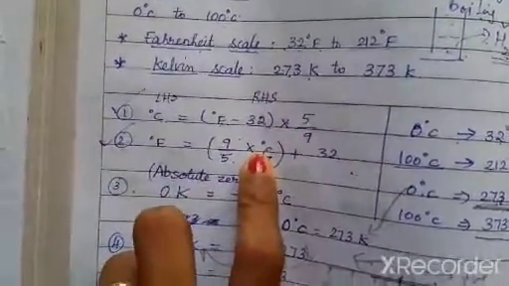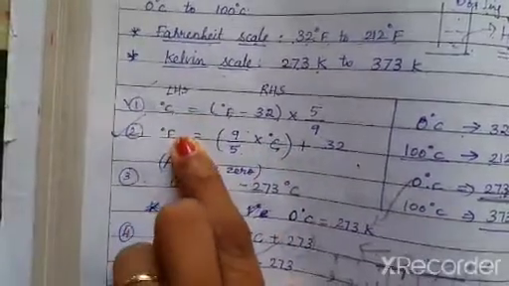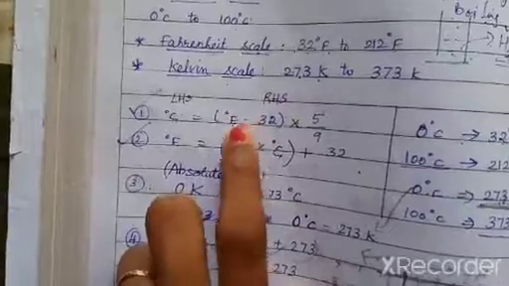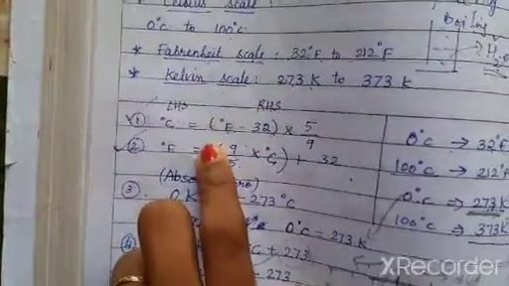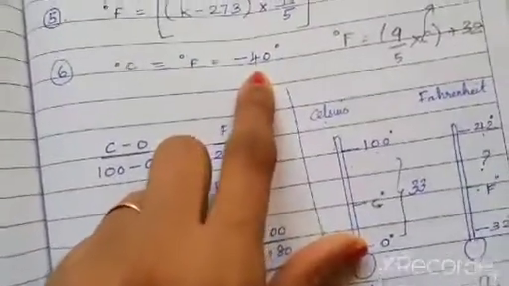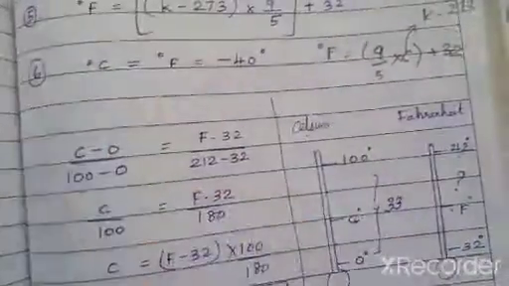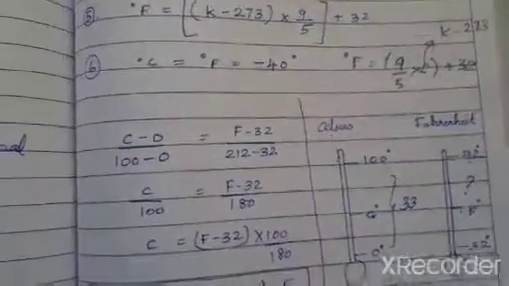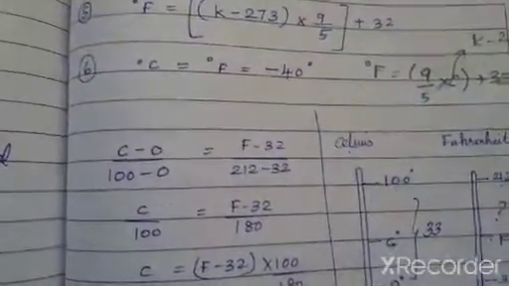Similarly, any temperature given in degree Celsius can be converted to degree Fahrenheit. But for the values to remain the same, the value is minus 40. Only at this temperature, both the degree Celsius and degree Fahrenheit scale hold the same value.